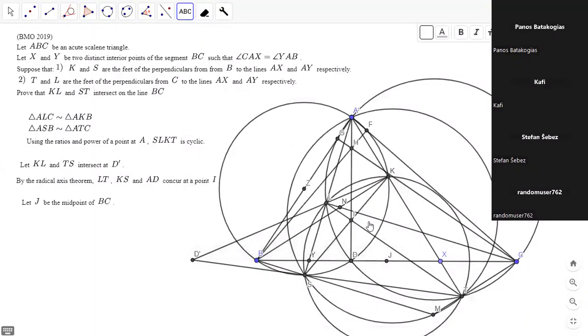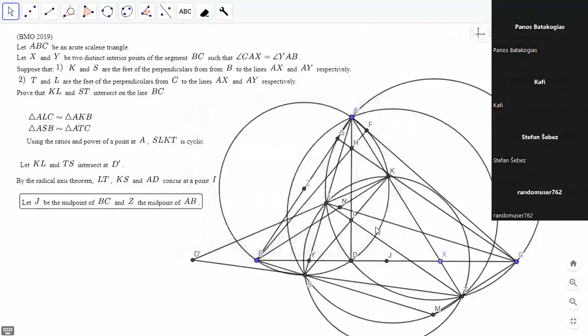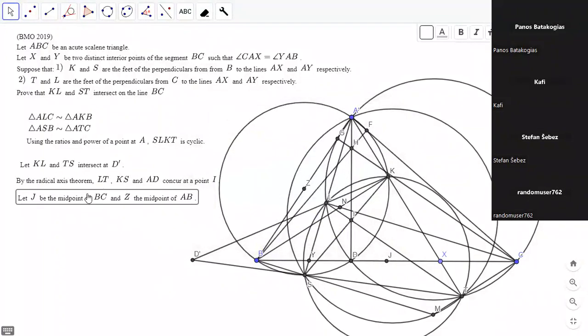So we're going to show it lies on both the perpendicular bisector of KS and TL. So let Z be the midpoint of AB. Let's see.